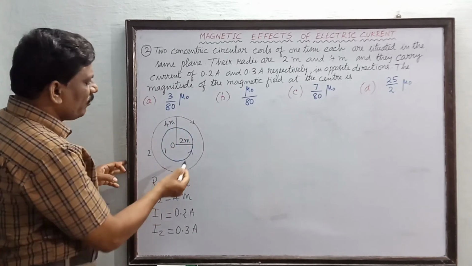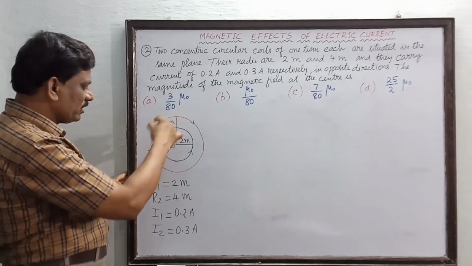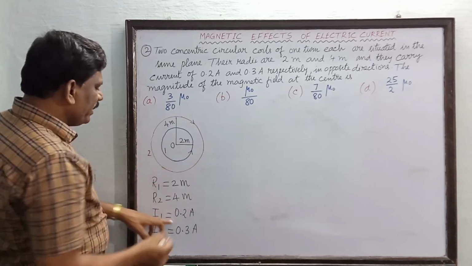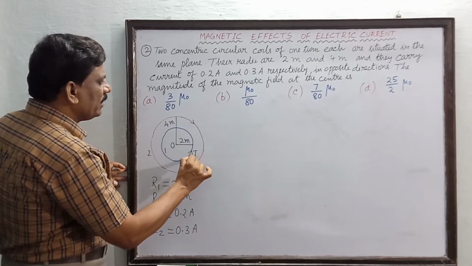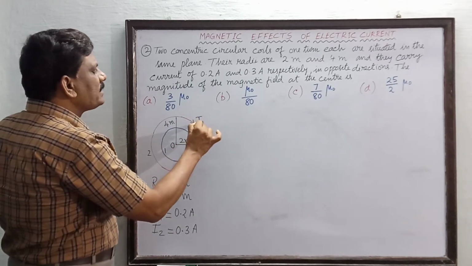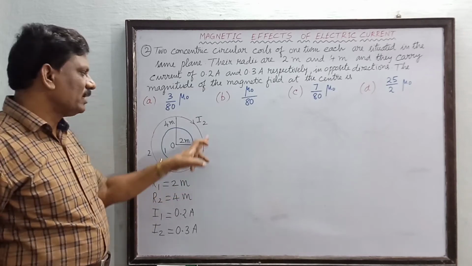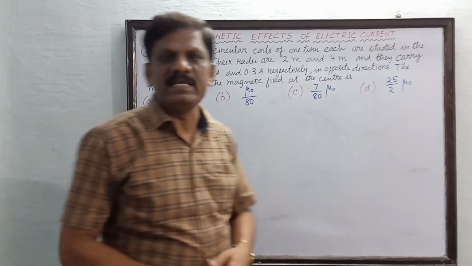Now the current I1 flowing in the smaller coil is in the anti-clockwise direction, and current I2 is flowing in the clockwise direction.